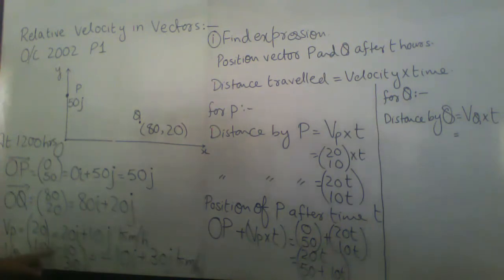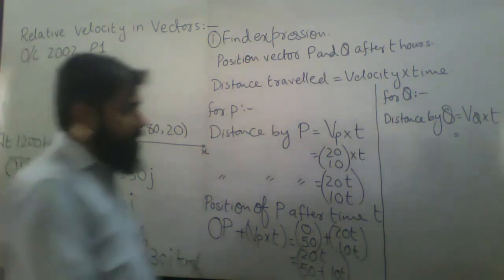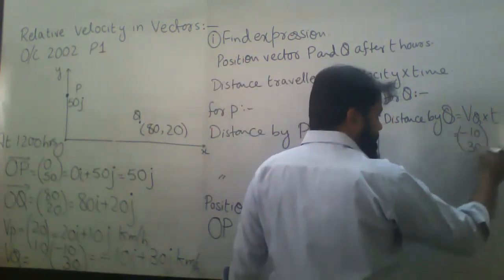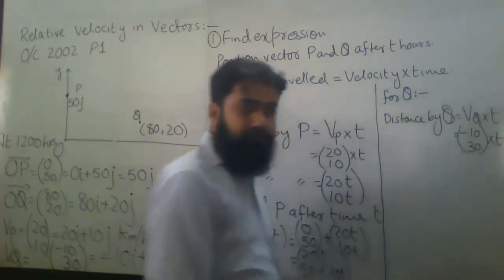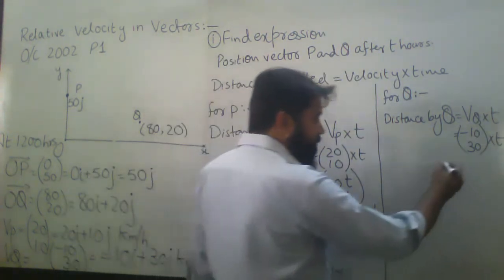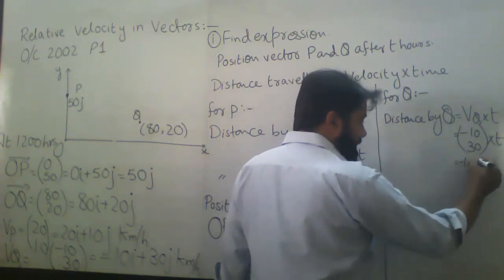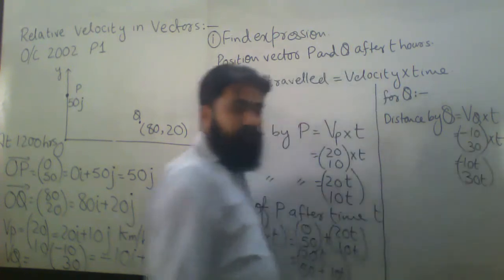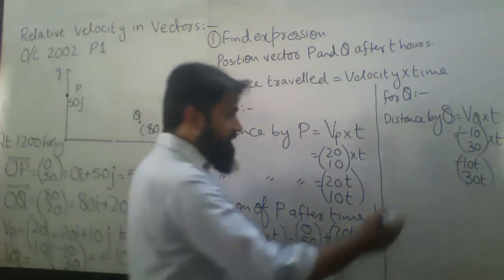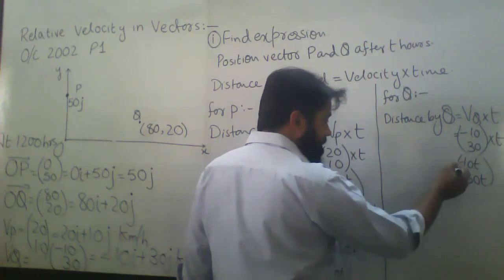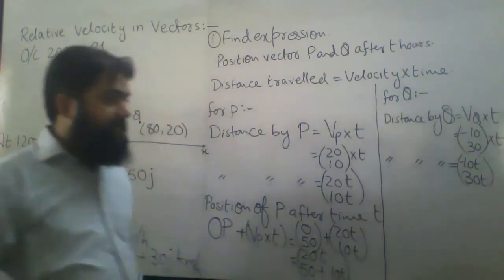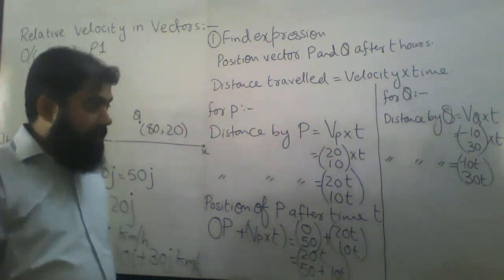My VQ was given as (minus 10, 30). So (minus 10, 30) multiplied by T. When I multiply it, that will become (minus 10T, 30T). Okay, this is the distance traveled by Q: (minus 10T, 30T).